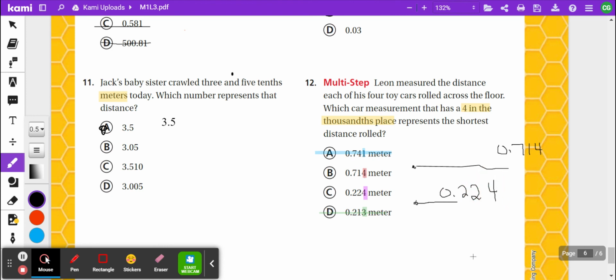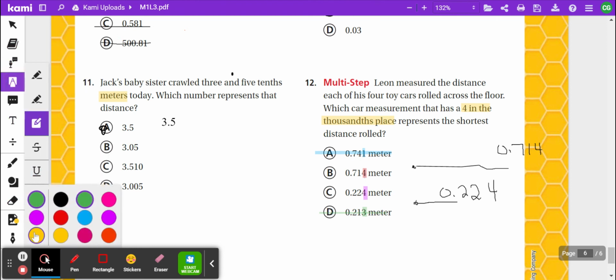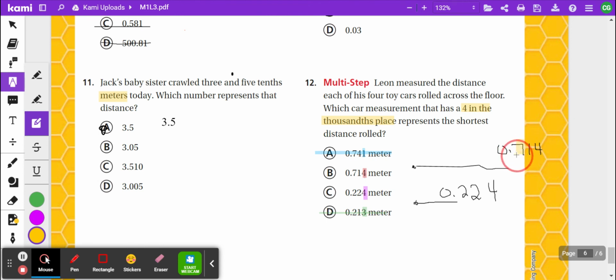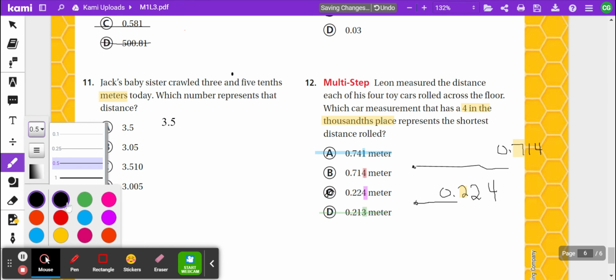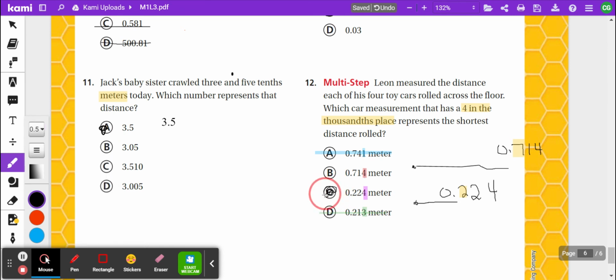So drawing out a picture, doesn't it help you to figure out who had the shortest distance that rolled? Absolutely, because my 2 is less than my 7. Because the 2 is less than my 7, then the answer here is going to be C. 7 is the greater length. So the answer is C.